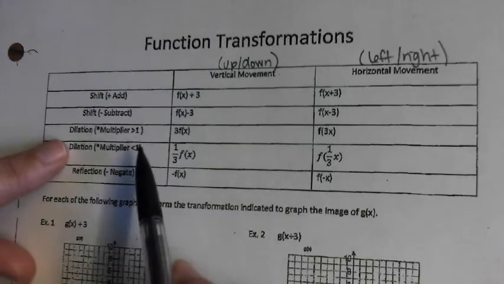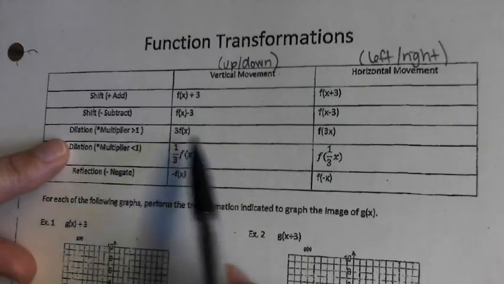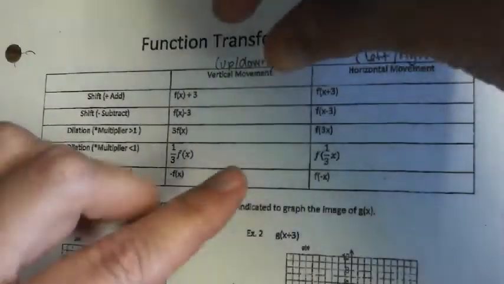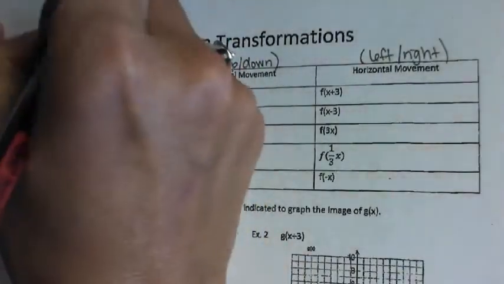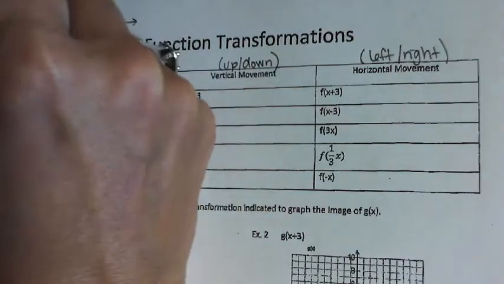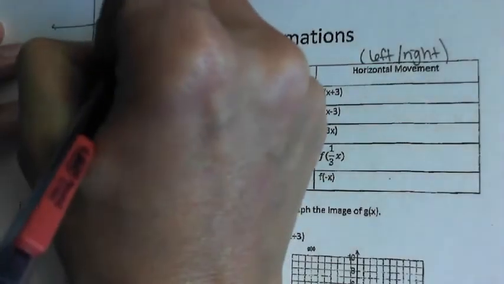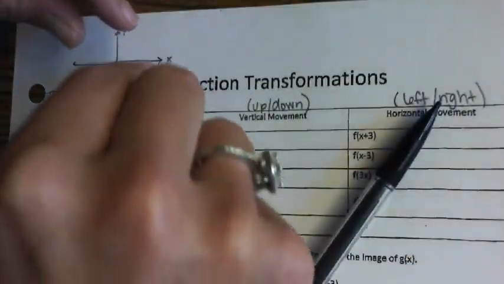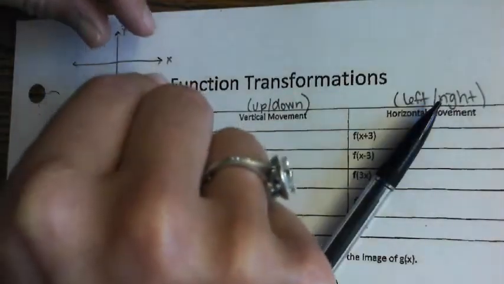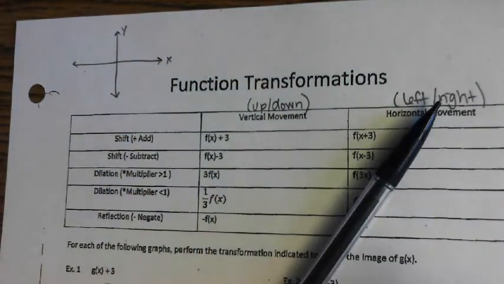A dilation, if it's vertical, a dilation is going to stretch a graph really away from which axis? If you think about a graph, if I stretch something vertically, which axis is it stretching away from? The x-axis, very good. Or a dilation also could be a compression.